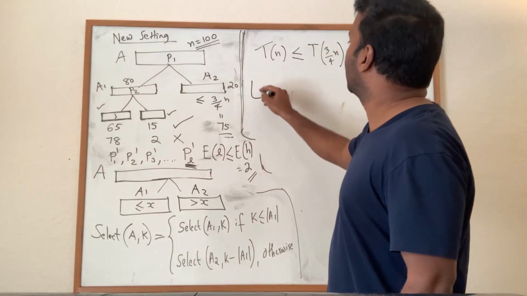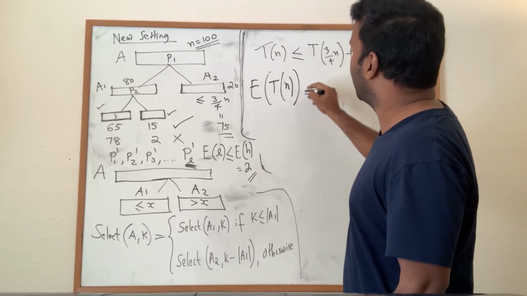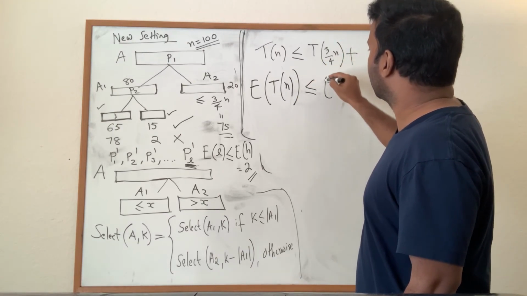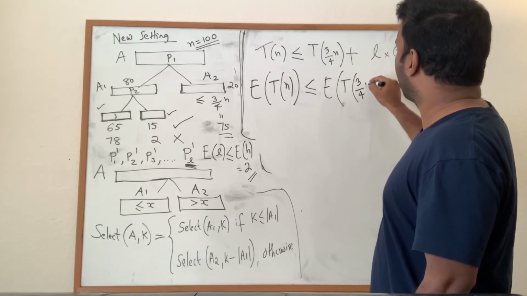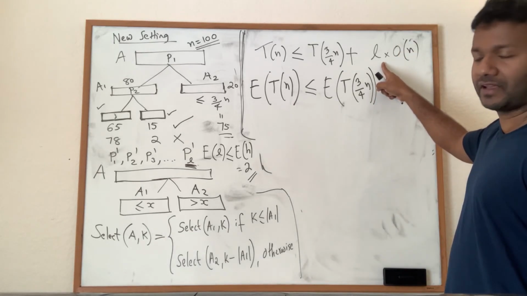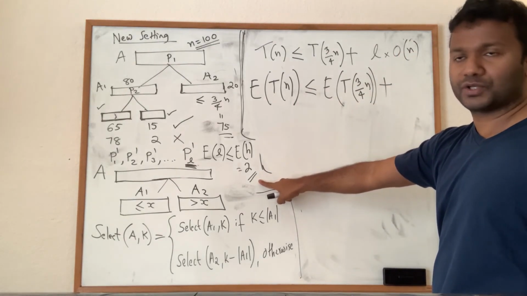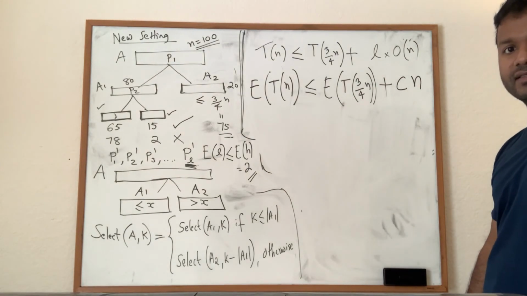Therefore, if I'm trying to find the expected value of T(n), I can say that this is the same as the expected value of T(3n/4) plus the expected value of L, which is bounded by 2, times O(n). So the whole thing I can write as Cn.